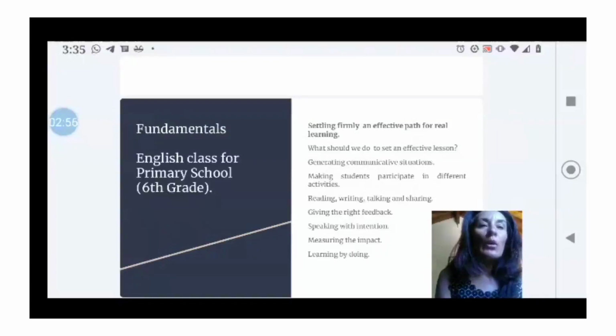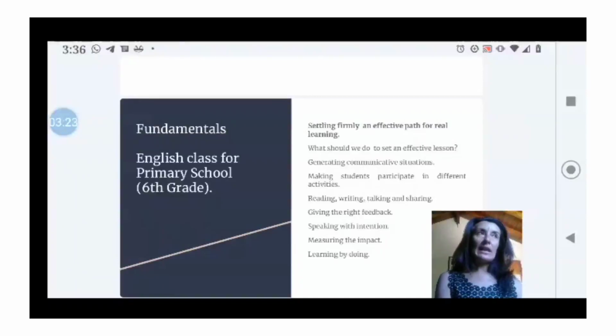Okay, what should we do to set an effective lesson? Generating communicational situations. Today, the national curricula in language, which is Spanish in Argentina, and also a foreign language, which is English, is totally focused on building communicational skills.